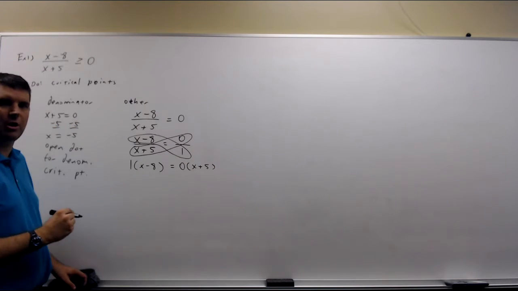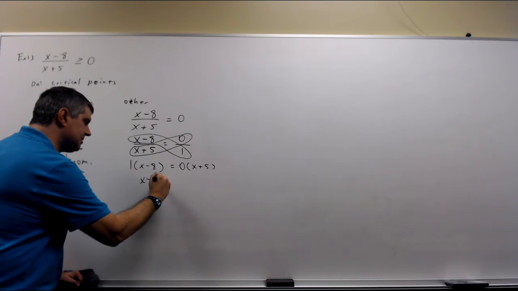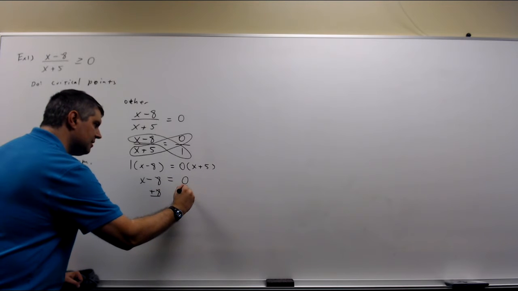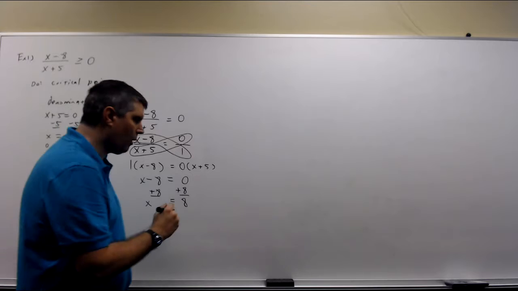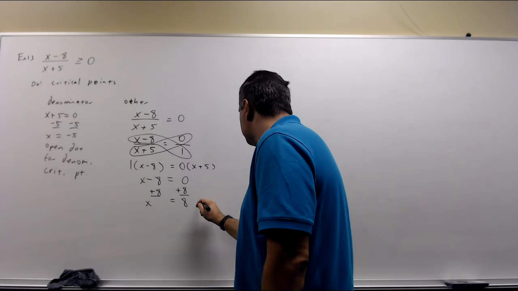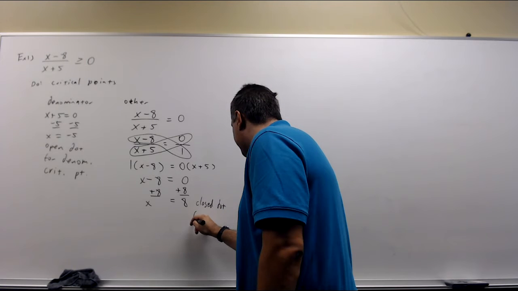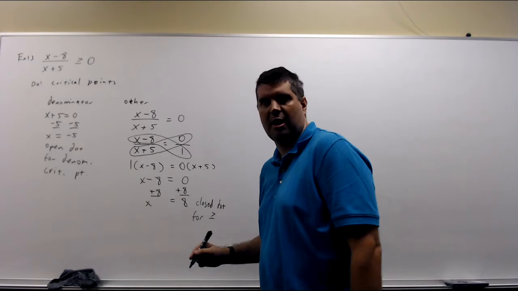Many students are familiar with proportions, and this works well for them. So this will be x minus 8 equals 0. So add 8, x is 8. Okay, and that critical point will be graphed with a closed dot because of the 'or equal to' in the inequality sign.